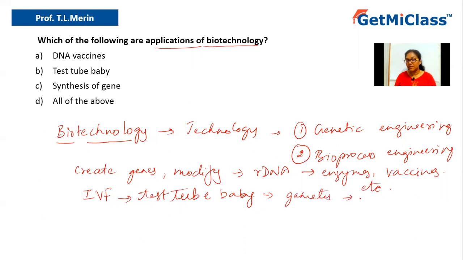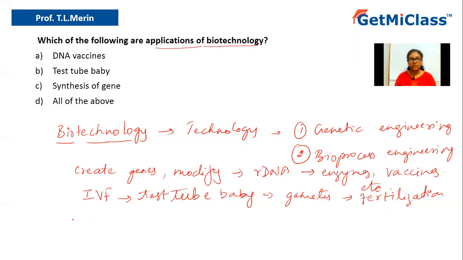The male gamete fertilizes the female gamete in the lab, and that is why we call it in vitro fertilization. That doesn't mean that the baby is going to form in the test tube. No, it is just the fertilization process which occurs. And further, after a few divisions, it can be transferred into the womb of the mother, or if it is in the zygote form, it will be transferred into the fallopian tube. And this method is possible because of biotechnology.